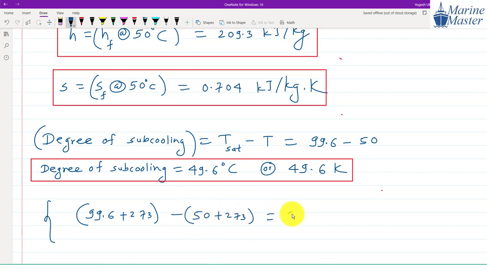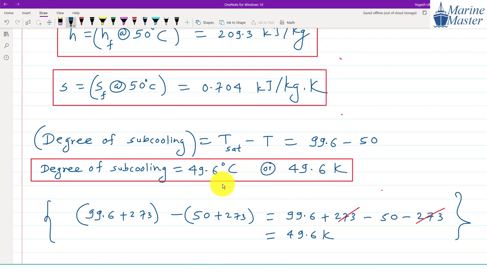If you rearrange it, 99.6 plus 273 minus 50 minus 273, the 273 cancels out, and at the end you get the same answer, 49.6 Kelvin. So in case of a difference, we can write it in degrees Celsius also, in Kelvin also.